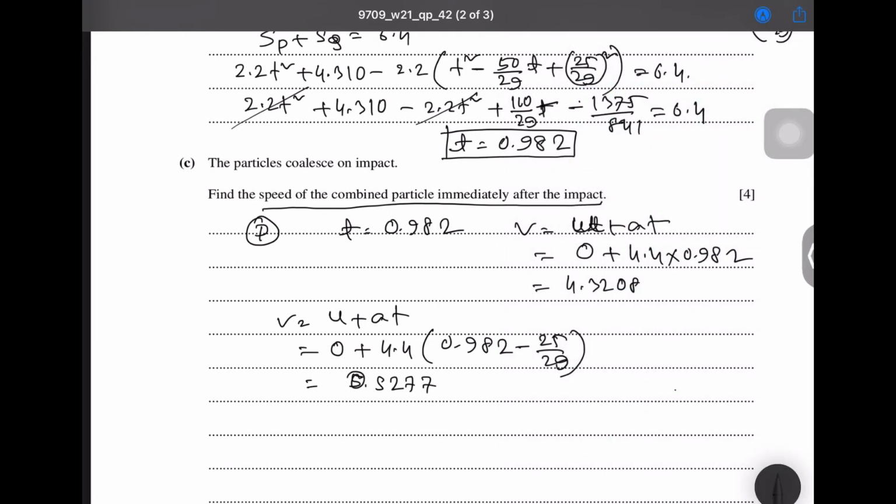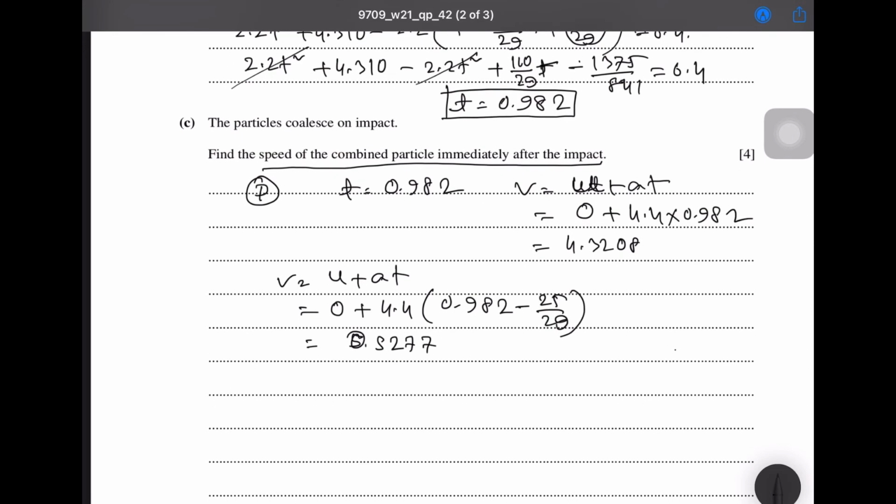Now we know the conservation of momentum: m1 u1 plus m2 u2 equals m1 v1 plus m2 v2.